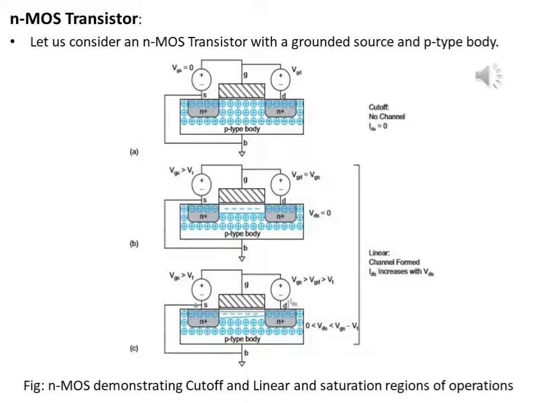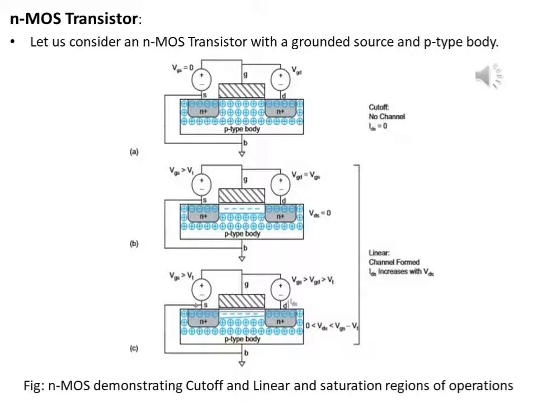We'll consider the first case. In the first case, when gate to source voltage VGS is less than the threshold voltage, you can observe in the figure VGS is equal to 0.